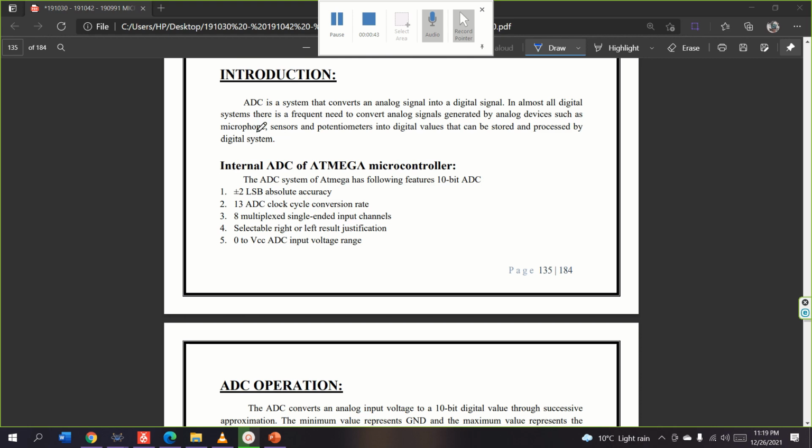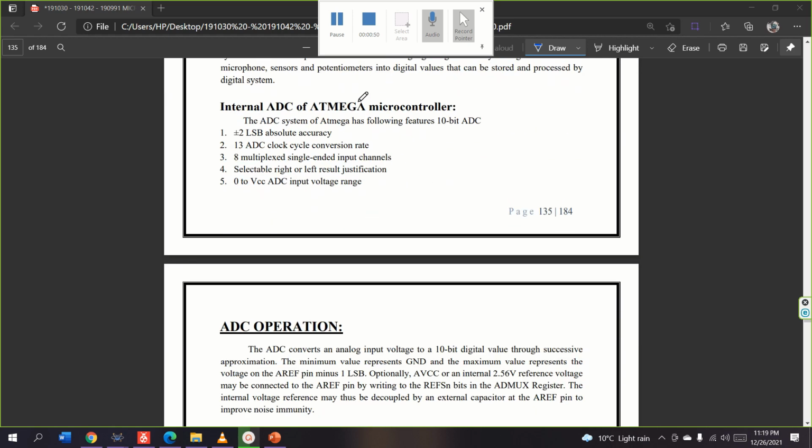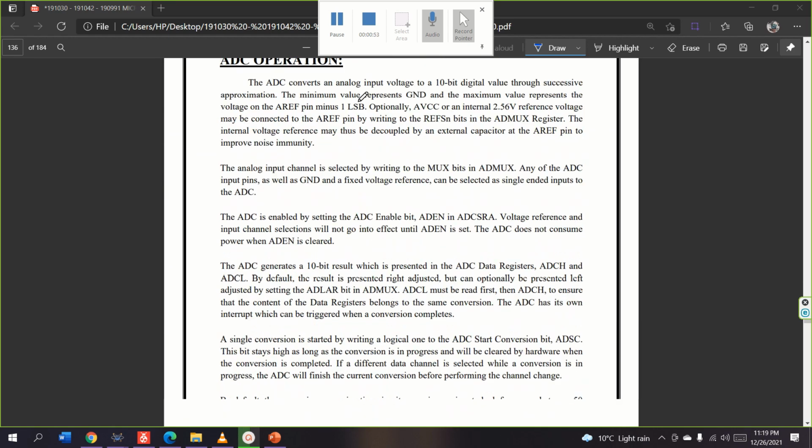That is why an analog to digital converter is widely used, and there is a small sensor ADC used here.